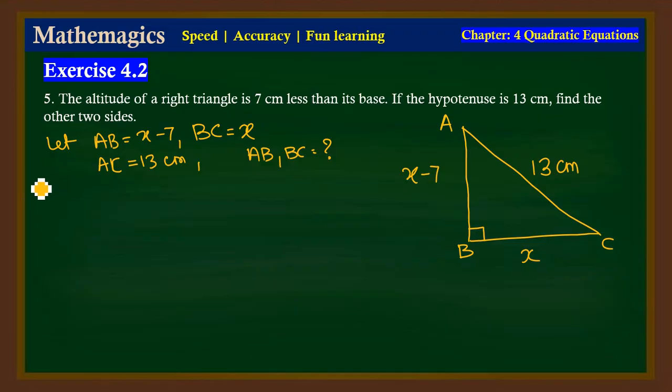Dear friends, as we know that in the right angle triangle, we can use the Pythagoras theorem. That is perpendicular square plus base square is equal to hypotenuse square. So here with the help of these conditions, perpendicular is equal to x minus 7.